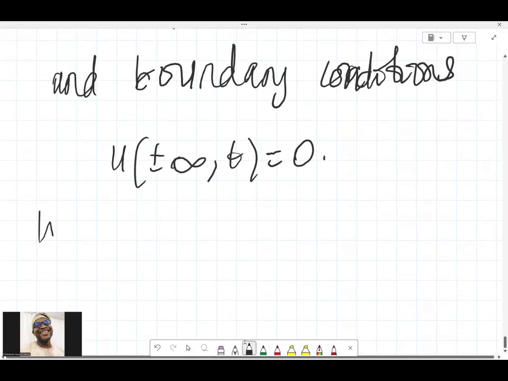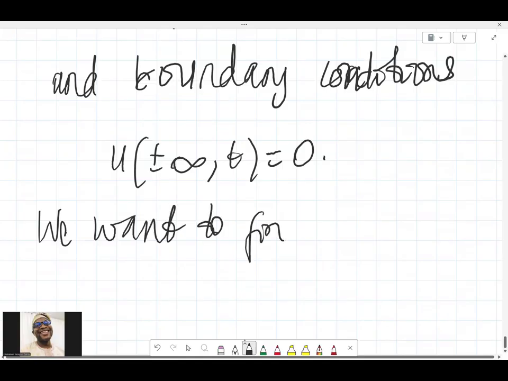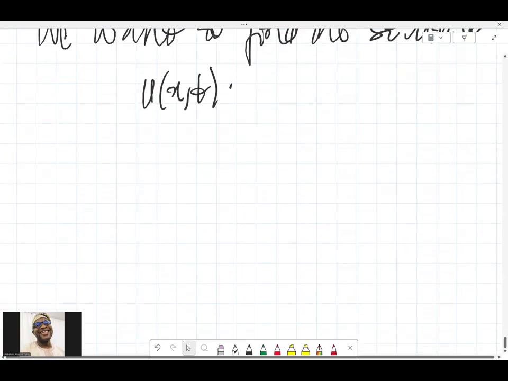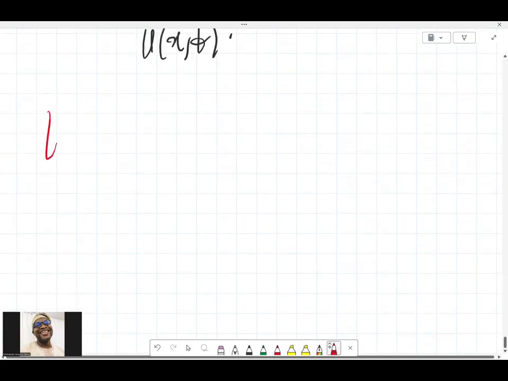Okay, so we want to find the solution u of x comma t.